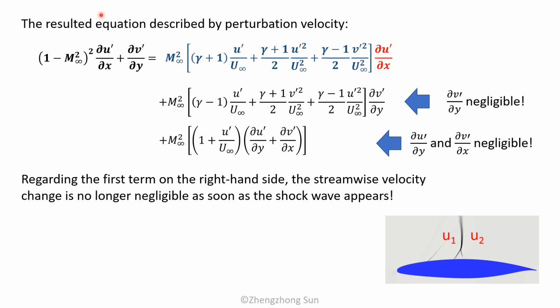U1 is the velocity upstream of the shockwave, and U2 is the velocity downstream of the shockwave. From the fundamentals of aerodynamics module last year, you will know U2 is larger than U1. So in this case, if U2 is larger than U1, which suggests there is a big horizontal gradient in streamwise velocity, we can't automatically say the first term can be eliminated for the transonic analysis.